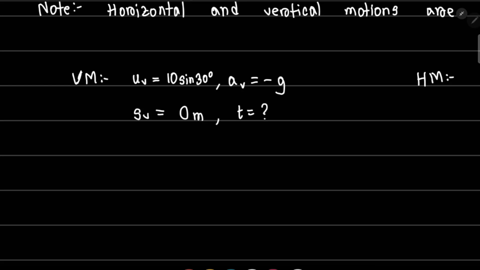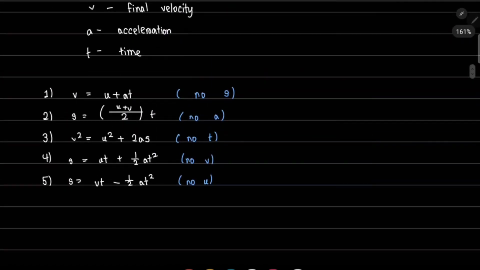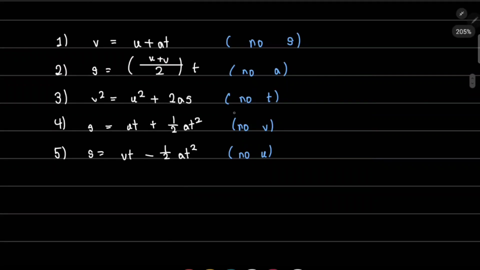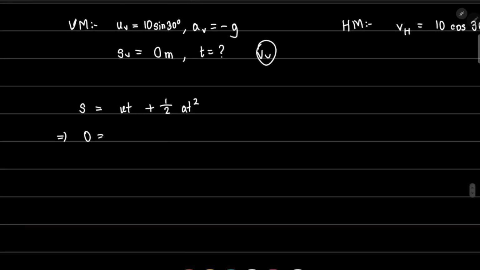Now I need the flight time. The only thing that we don't need here is the final vertical velocity. So if we look back at our SUVAT equations, we don't have v, so the fourth equation is what we are going to use: s equals ut plus half at squared. The displacement is 0. The initial velocity is 10 sine 30.